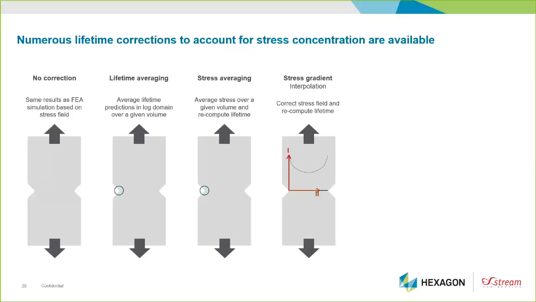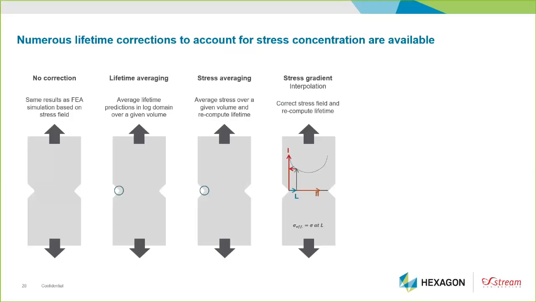And here, the interpolation will consider that at a given distance, I will account for this stress level because I know that at the hotspot the stress is too high to compute lifetime. So you basically pick one stress level which is a bit lower, a bit further, in order to recompute lifetime at the hotspot.